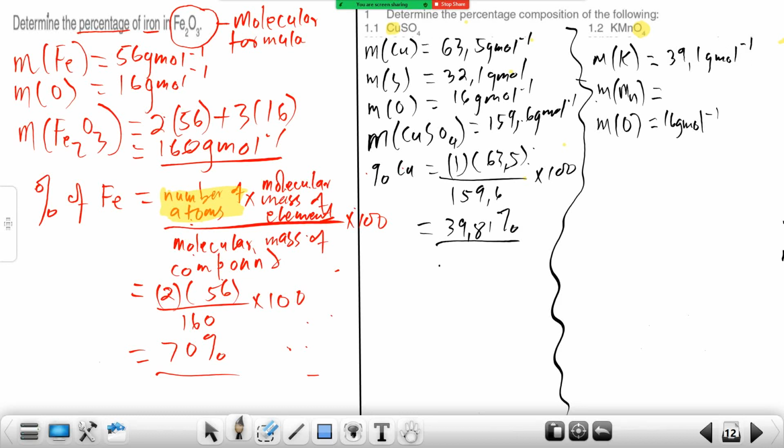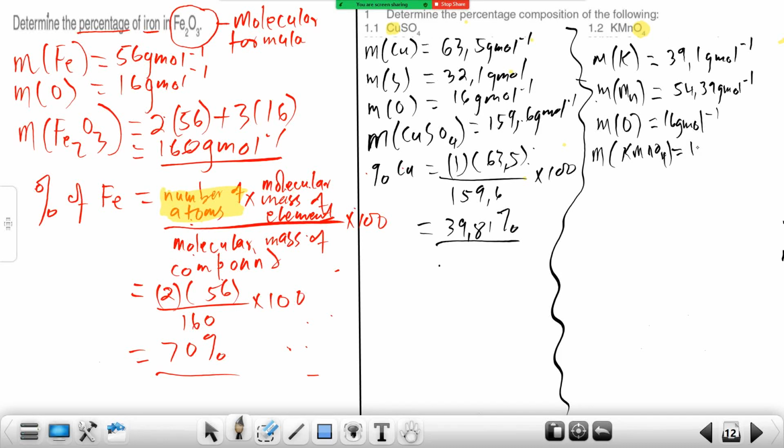And then for manganese, that is 54.9. So M of KMnO4 should be equals to, what is the final answer?